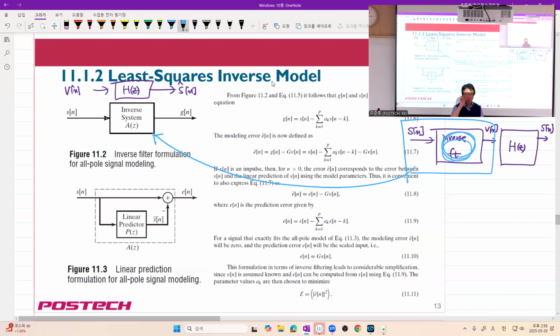So this is one of the methods to choose H of z. Got it?